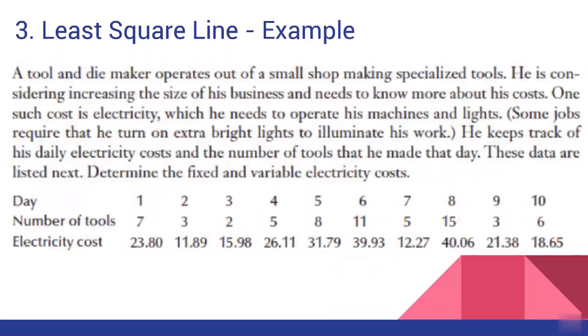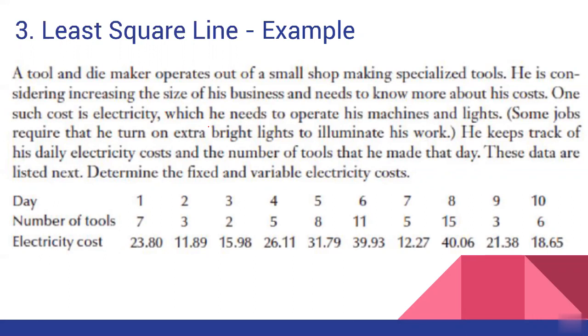I'll show you an example of how we can get the least square line from the scatter plot. A tool and die maker operates out of a small shop, making specialized tools. He is considering increasing the size of his business and needs to know more about his costs.